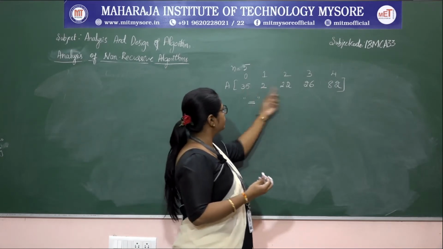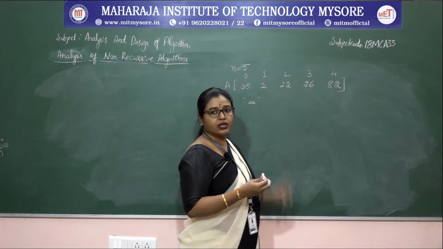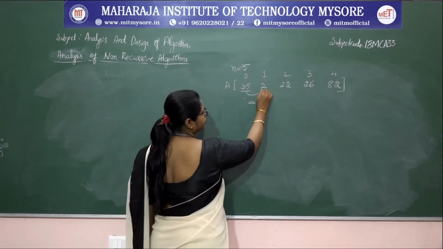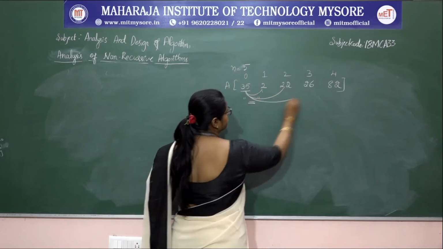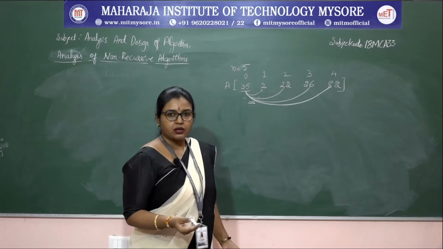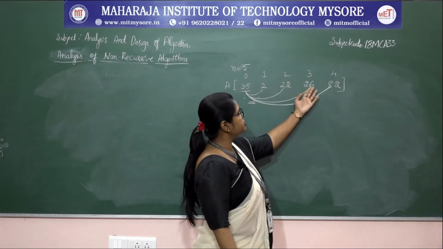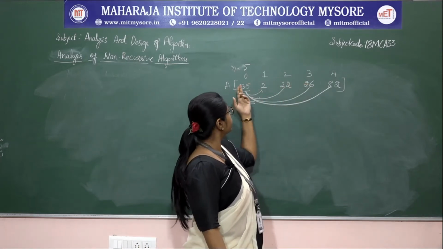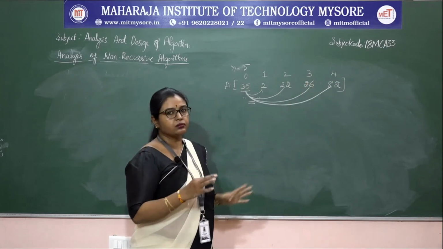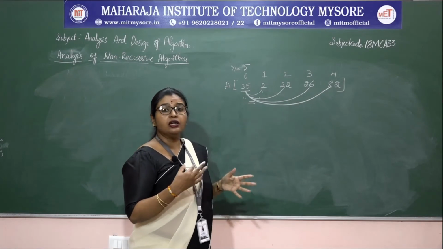Next, this and this, we need to check. Observe here: first, we check 35 with this, this, this and this. No, it is not matched. If in case it matched 35, we could say that the elements are not distinct.